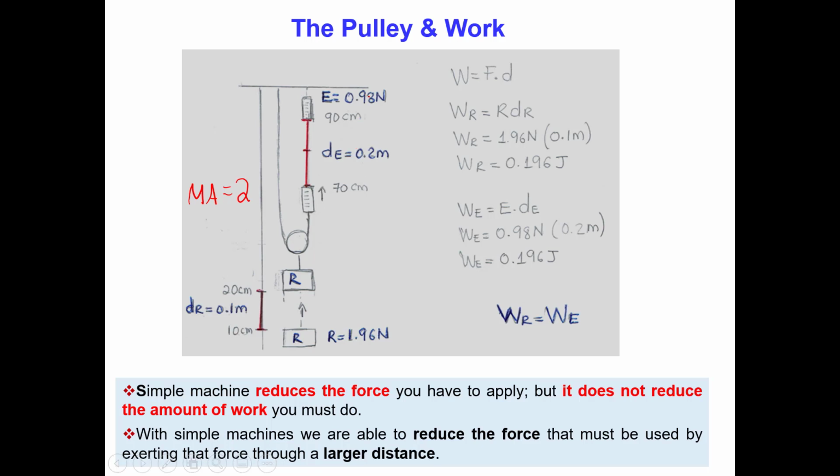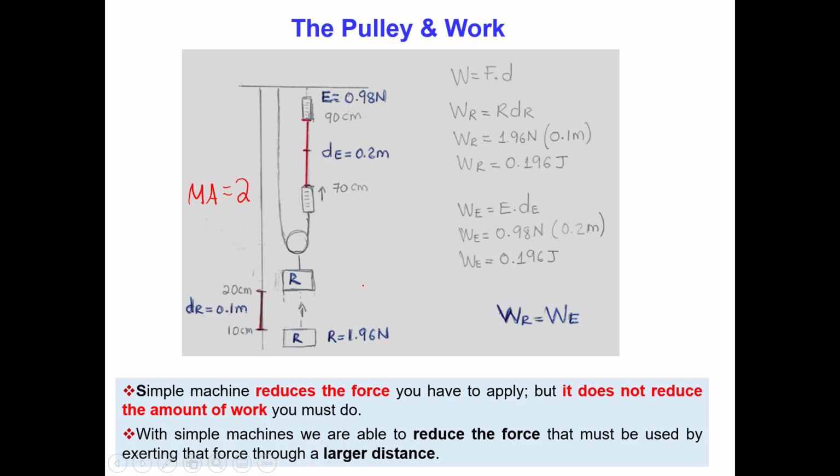Again, if the mechanical advantage equals 2, the effort you had to apply will be half. But if you want to move this object up 10 centimeters, you had to pull double the distance. You had to pull 20 centimeters, which is 0.2 meters.